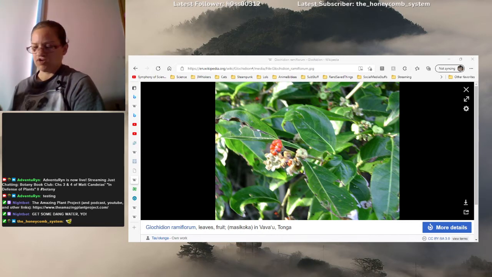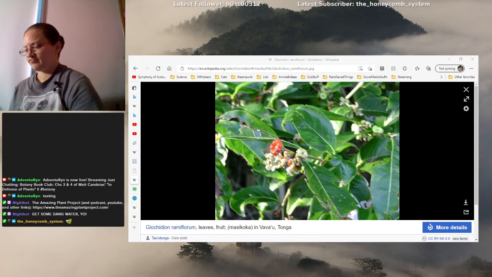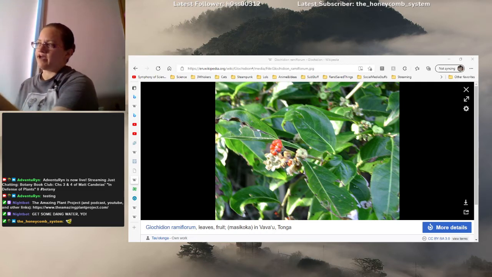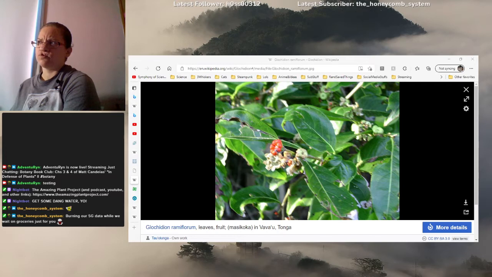Hey, honeycomb. Welcome. They eat their way out and go exploring, but in this case, if they do that, then the fruit falls off the tree and they die. So instead, they're held captive inside the fruit, attached to the tree until the fruit fully ripens and explodes a year later.